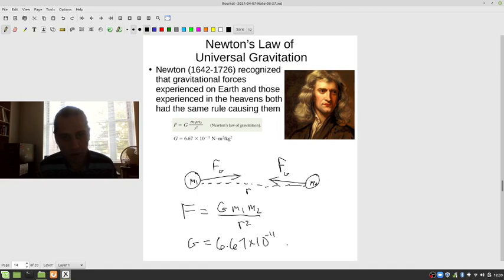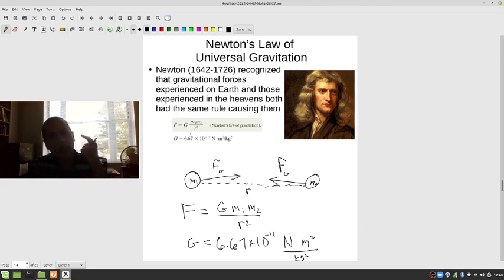Well, ultimately you want force, and you have to cancel out the mass times mass on the top. So you put kilograms times kilograms on the bottom of this, and this has meters times meters on the bottom, so you have to put meters times meters on the top. So that's the units that we have on G, Newton's constant.